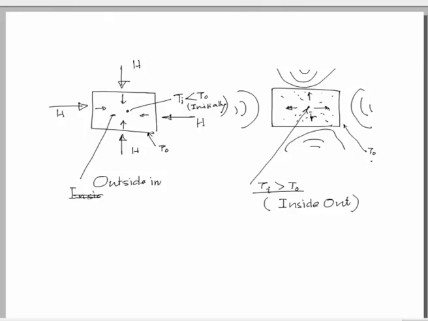Heat energy or heat flux will flow from inside to outside, which is contrary to the outside to inside concept in conventional heating as we have shown here. So, this is the basic difference in material processing using microwave energy.